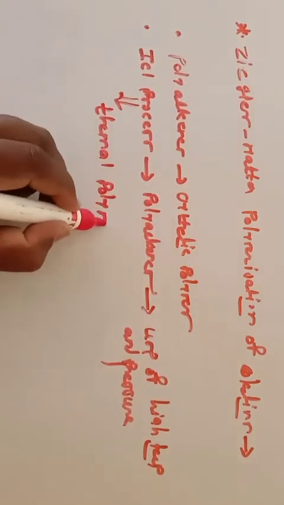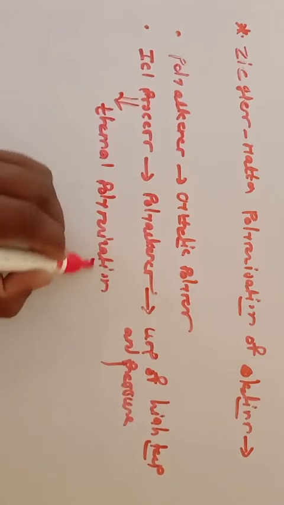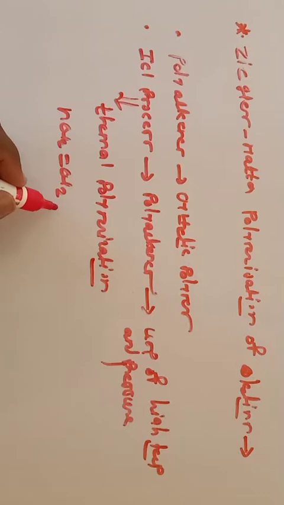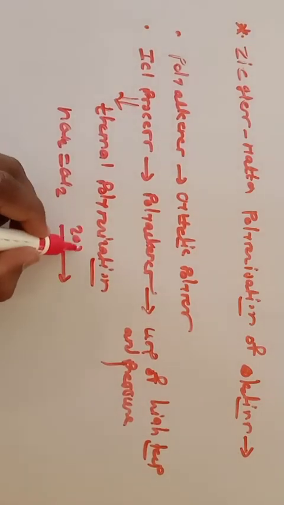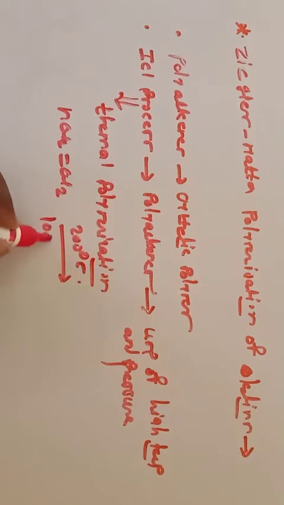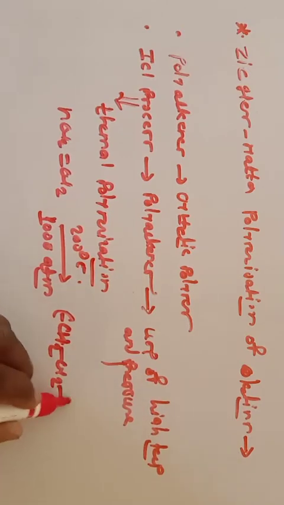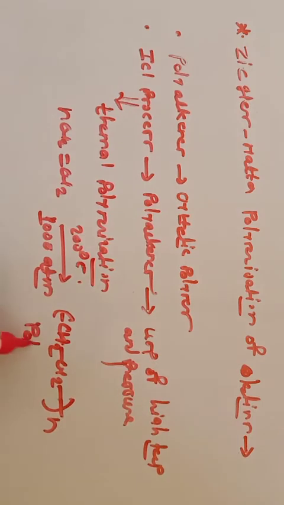If you consider ethylene, n molecules of ethylene at 200 degrees Celsius and 1000 atmospheric pressure are converted into polyethylene, (CH2-CH2)n.